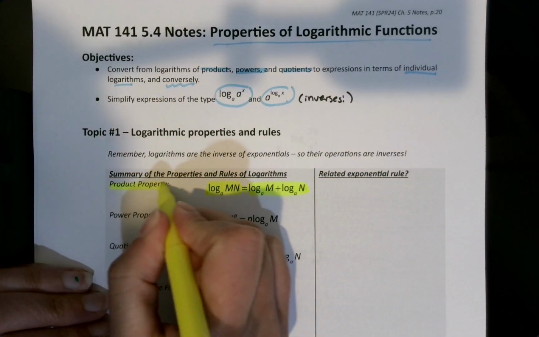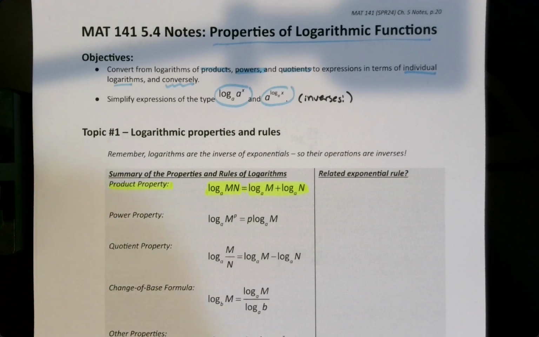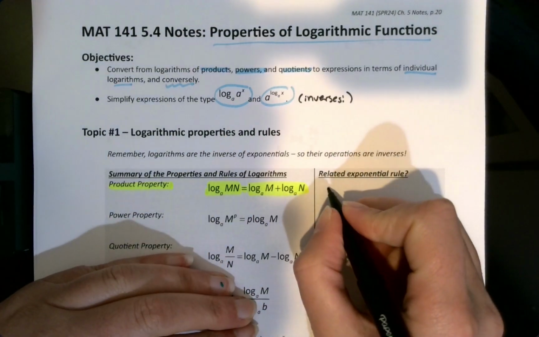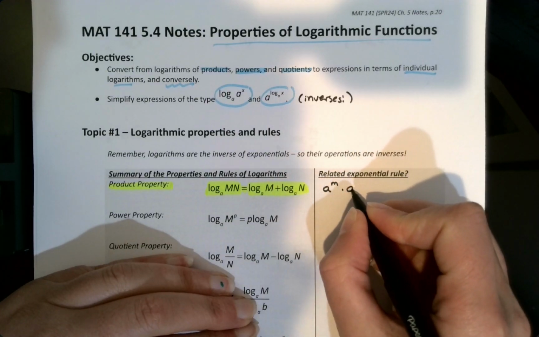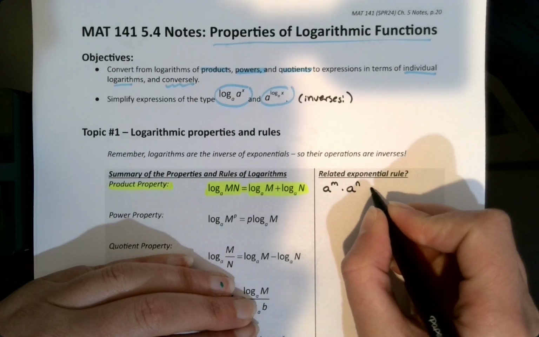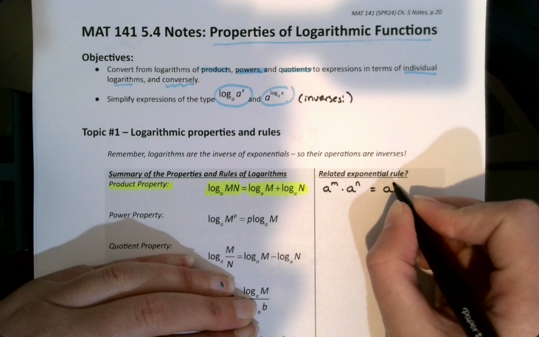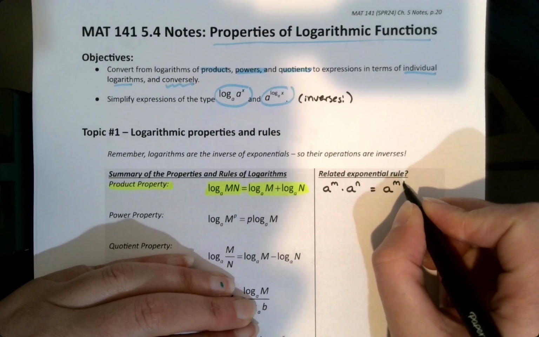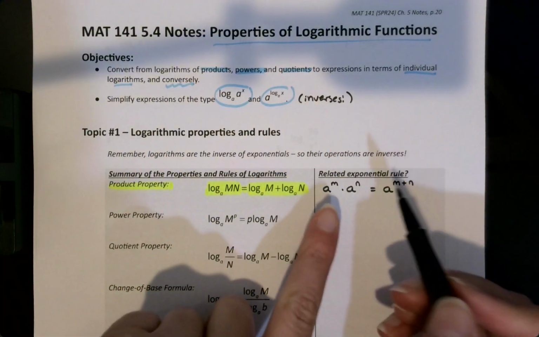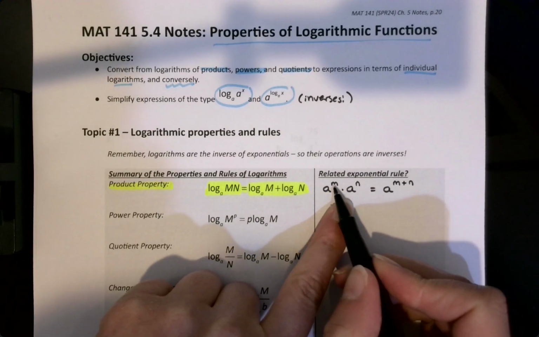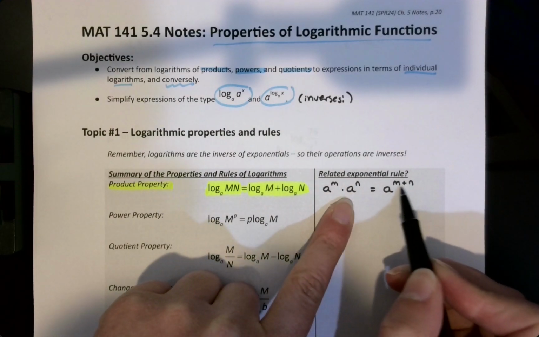It's a product property. This is similar to the exponential rule that says if you have a to the m times a to the n, you would simplify that to a to the m plus n. In the exponential rule, we know that when we multiply bases, we're going to add the exponents.